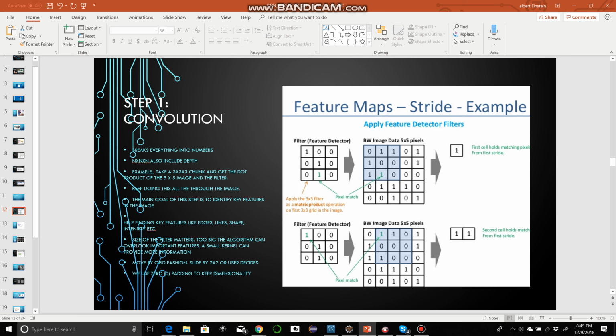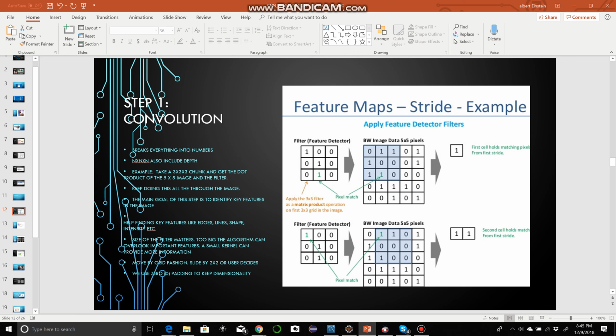So it could be a stride of 1, stride of 2, stride of 10, depending. But it's simply the number of pixel shifts it goes over at a time over the input matrix. For example, with a stride of 1, it goes over just one pixel at a time. If there's a stride of 2, then we'll move over two pixels at a time, and so on.